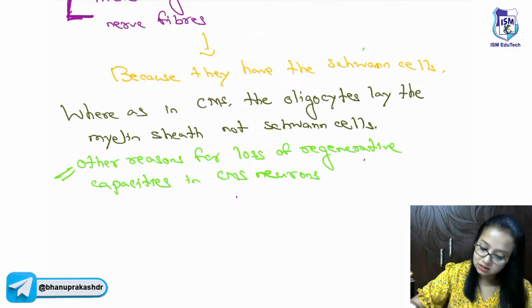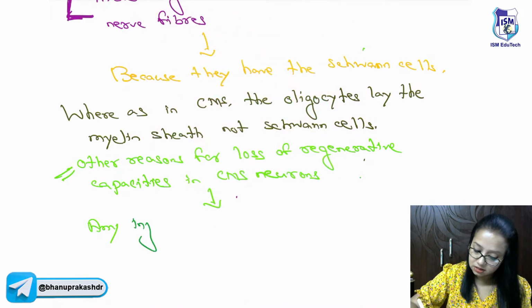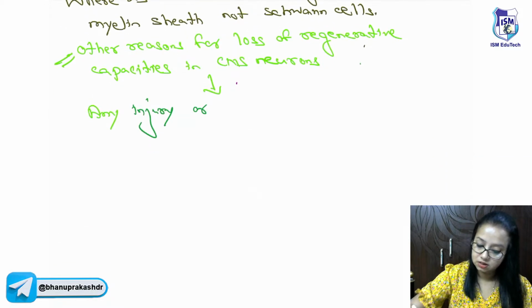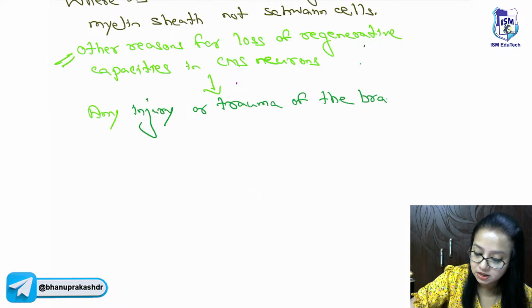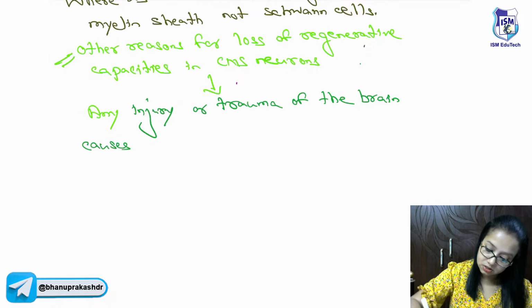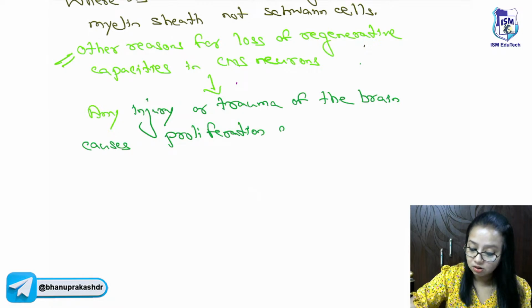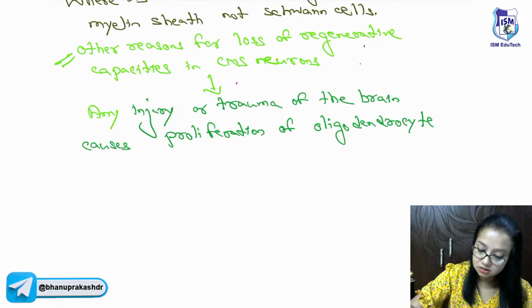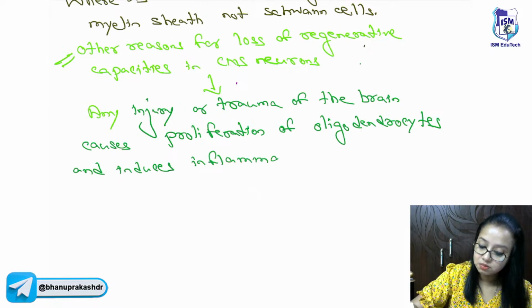The other reason is that any injury or trauma of the brain causes proliferation, like increases the number of oligodendrocytes, and induces inflammation.